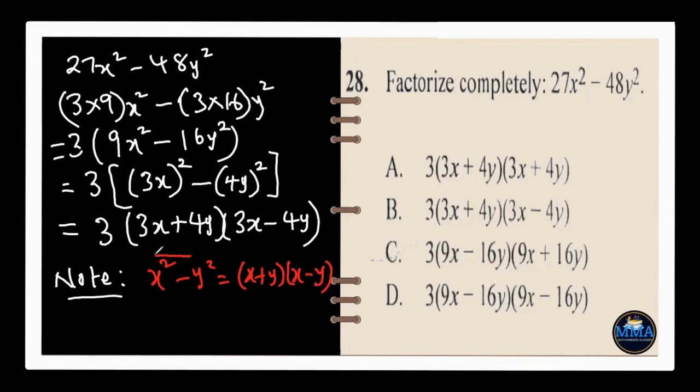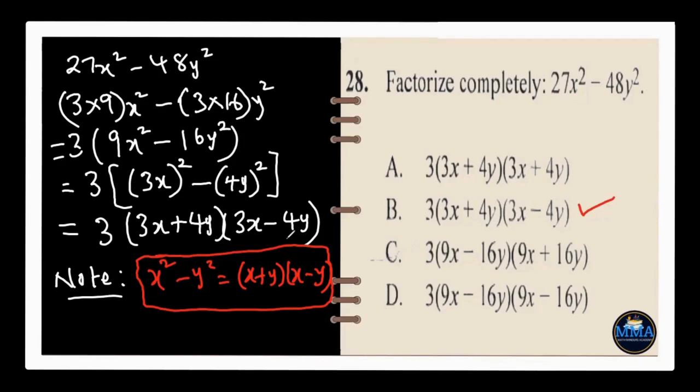Okay, so this is what I use. It's called difference of two squares. So with this, you will be able to see 3 into 3x plus 4y. Again, another bracket, 3x minus 4y. Look at this: 3 into 3x plus 4y, close bracket, another bracket, 3x minus 4y. Option B is the correct option.